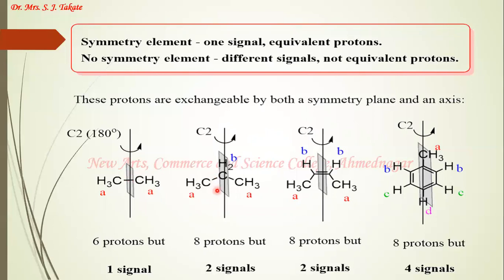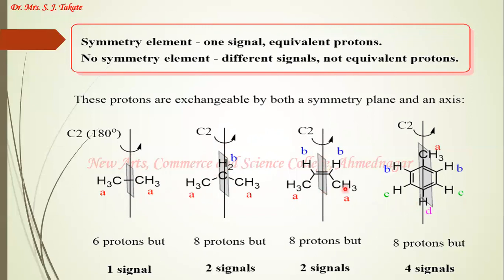If you look at these two examples, these two do not have only an axis of symmetry, but these two also have a plane of symmetry. Look at this, the plane is passing through the center of this bond, and in this case the plane is passing through the CH2 group. So these are the examples where C2 is present as well as a plane of symmetry.